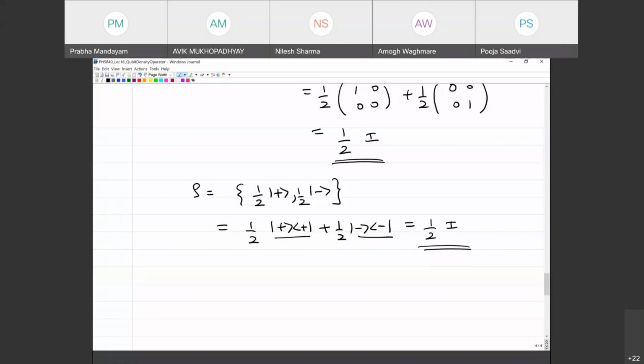If I take the elements of an orthonormal basis, make those projectors and sum them, then that sum gives me identity. I've repeatedly used this relation in the past. So I can take any such pair of orthogonal states. I can take plus i, which are the eigenstates of the sigma y operator, and minus i, and that gives me identity.